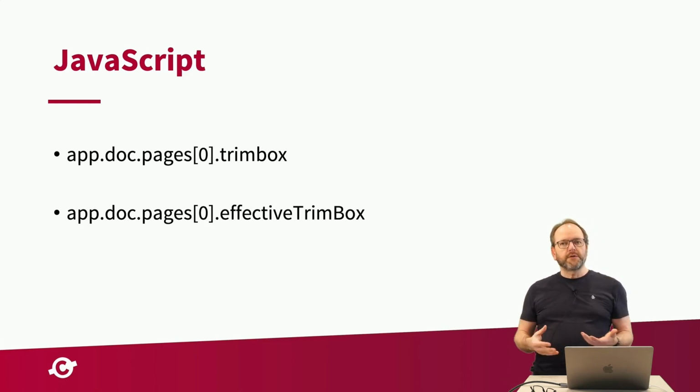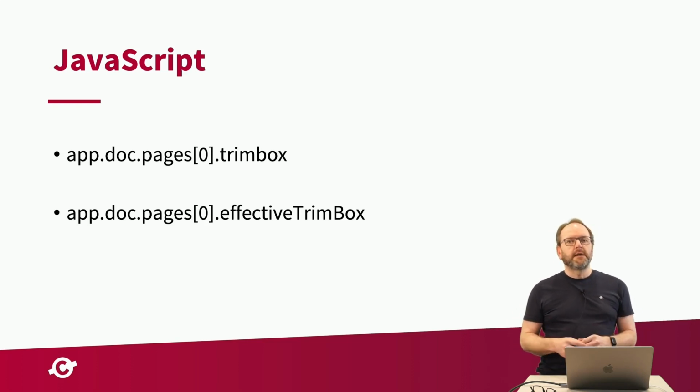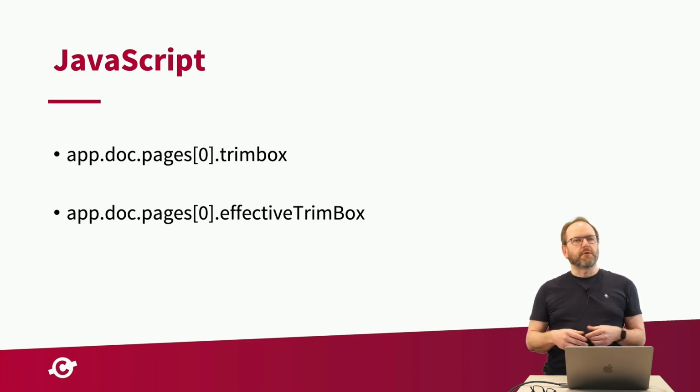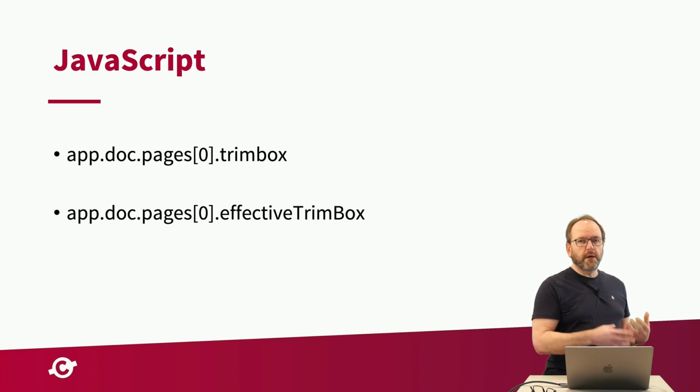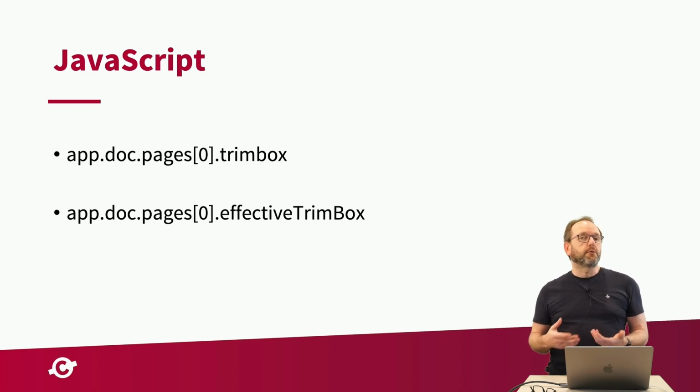Then you have a doc object that represents the current document, and that has a pages array. So what I'm doing is I'm looking at page number 1, which for developers is called 0. And then you have two properties in there, one called trimbox and the other one called effective trimbox. Effective trimbox is the one that takes into account user units up to pdfToolbox 14, and now in pdfToolbox 15, it also takes into account the rotation key.